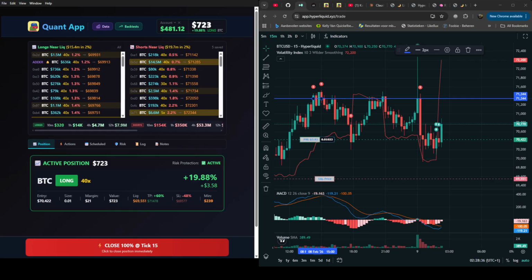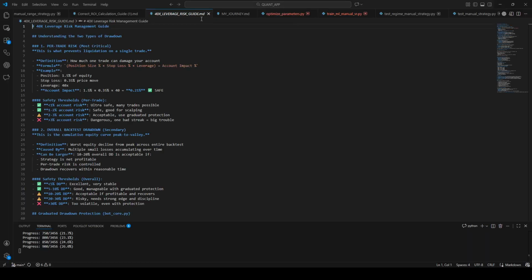I've been busy with backtesting and everything, but I do want to explain a little bit more about the Quant app and 40x leverage trading. I made a little risk guide because I also got the question what my max drawdown is.